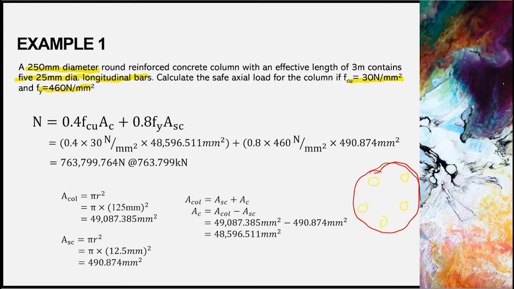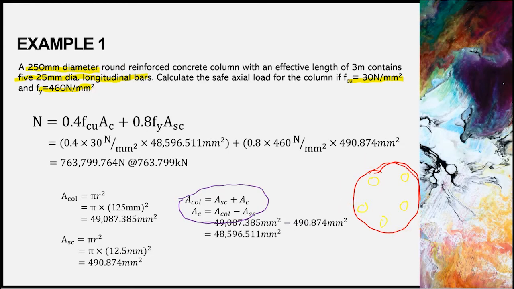Okay, if you look here, I have scribbled what I wrote here. So we know in a column there is steel and concrete. So if we want to get the area of concrete, just take the area of column minus the area of steel. Okay, so because we can get both of them, we can calculate since it's given. Whatever is given here, we can calculate the area of column and the area of steel. Okay, you know that this is a round column or circular column.